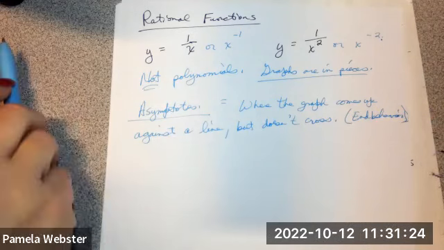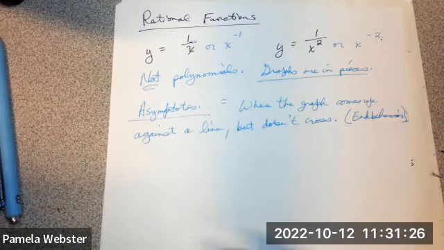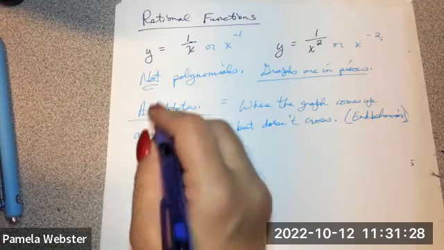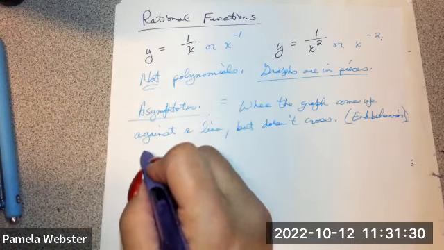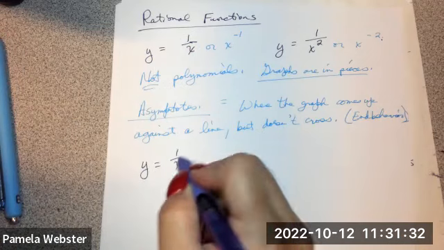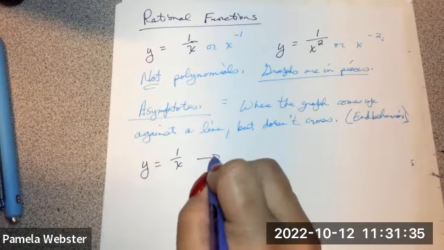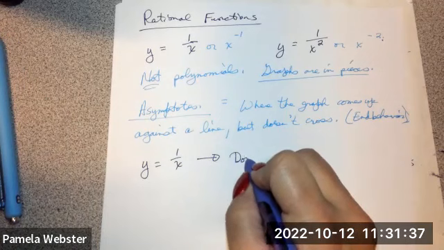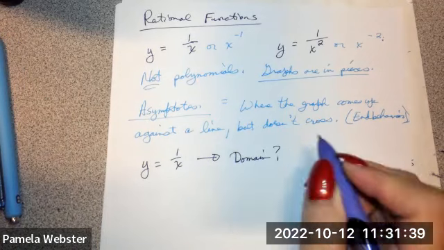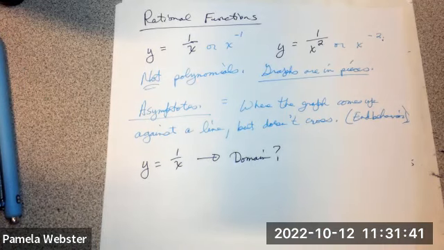So what we look at is we say, okay, what are we talking about? Well, on this one that we have right here, y equals 1 over x, I'm going to worry about my domain. And we know that when we talk about domain, we can't divide by 0, right?